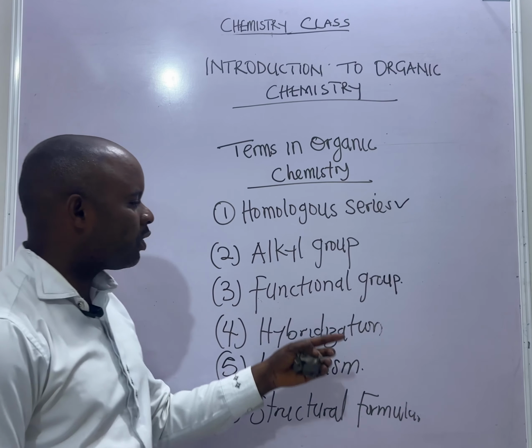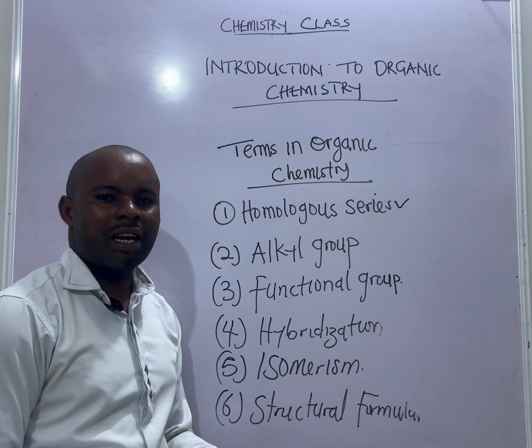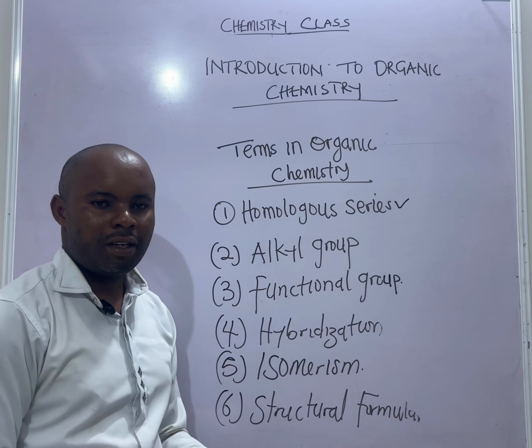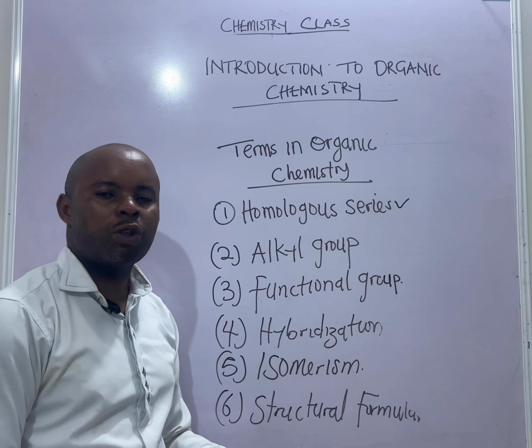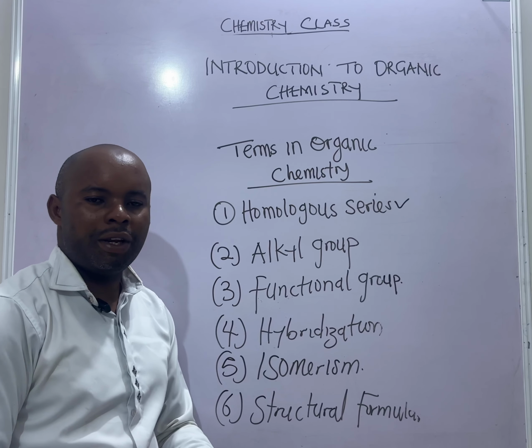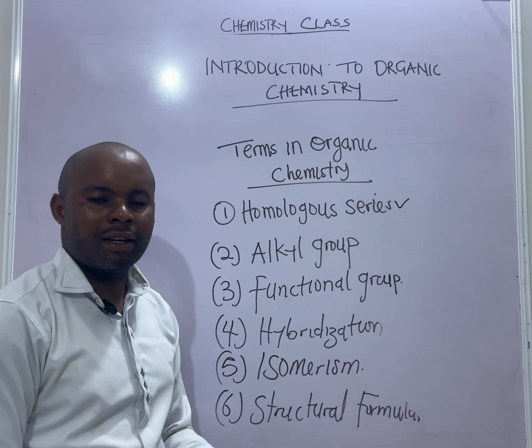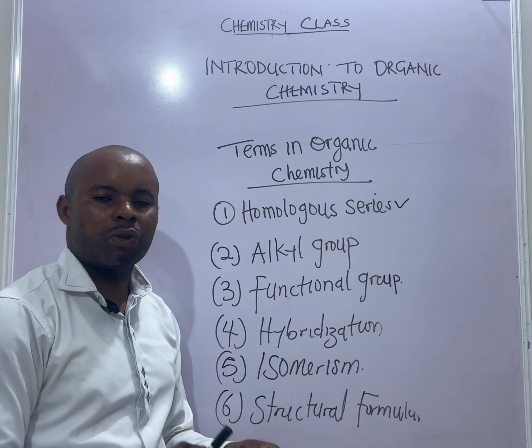The functional group is, in simple terms, just like our various surnames in the class. If for instance I have an Umokoro in the class, anytime I mention Umokoro, we should be able to know the group of persons I'm talking to.